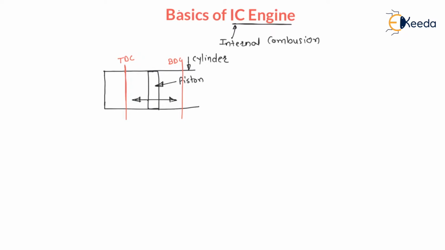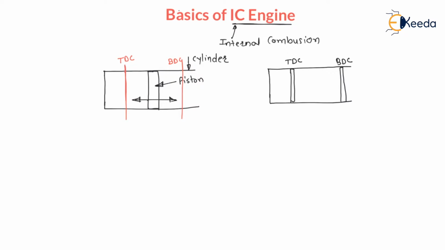Now let us understand this. If I draw this piston cylinder mechanism, here this is the cylinder of IC engine inside which the piston is reciprocating from top dead center, TDC, to the bottom dead center, BDC. TDC stands for top dead center and BDC stands for bottom dead center.